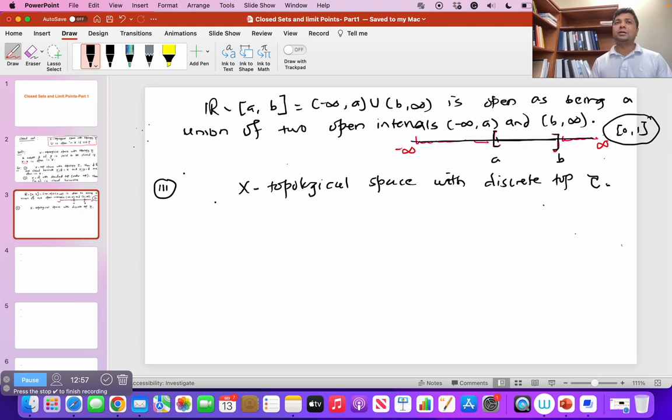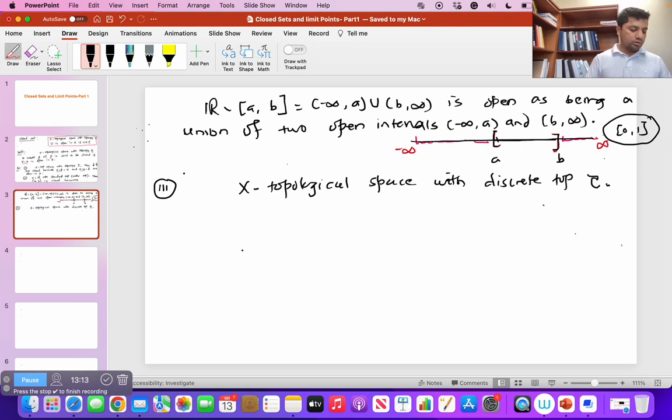So the complement of each subset of X in the discrete topology is open, being an arbitrary union of open sets.